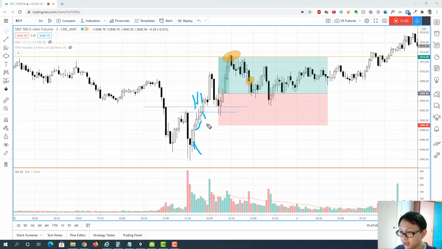So it could just have another attempt to go down a bit, or even go inside the supporting area between 34.80 to 34.90. Because this is the supply zone, and also we have another prior supply zone as well. So that's why I did not take this entry, although it could be profitable.